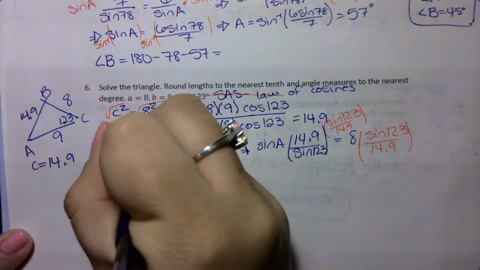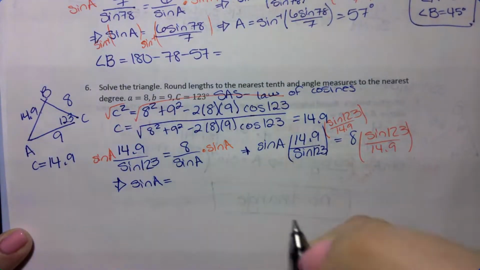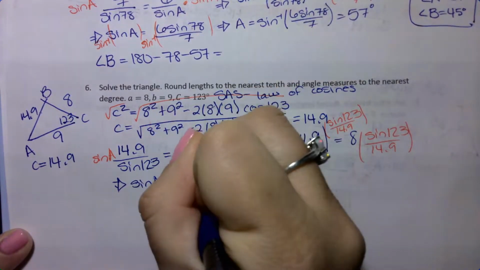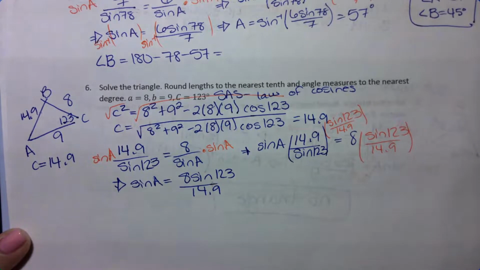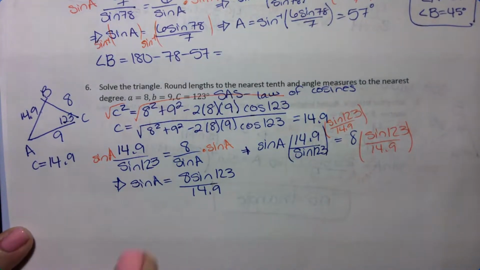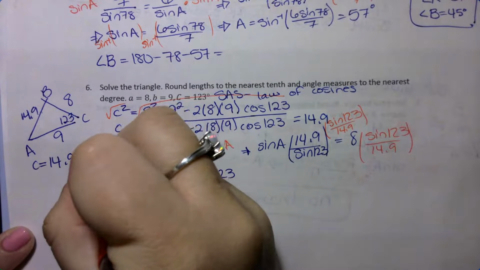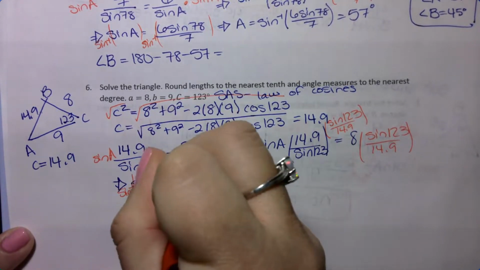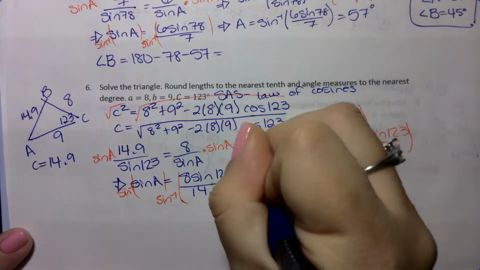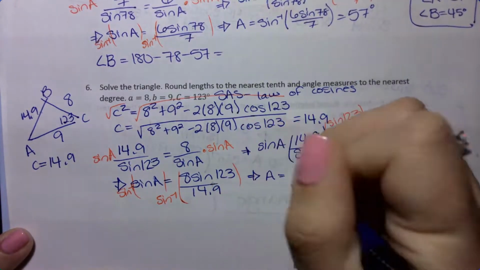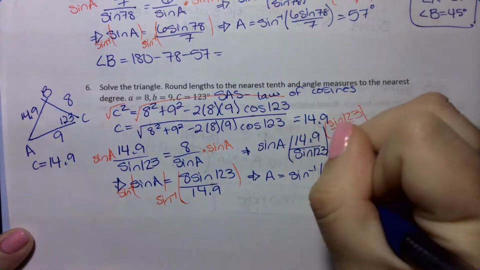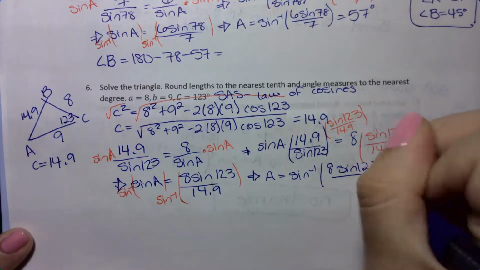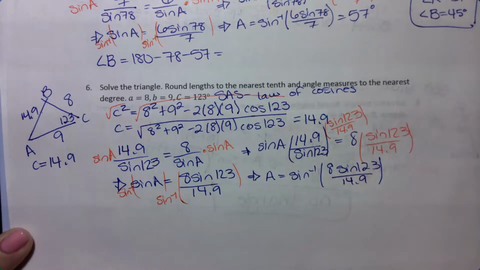This is going to give me sine of A equals 8 sine of 123 over 14.9. Then my A needs to be completely isolated, so I'm going to take the inverse function. This is going to give me A equals sine inverse of 8 sine of 123 over 14.9.